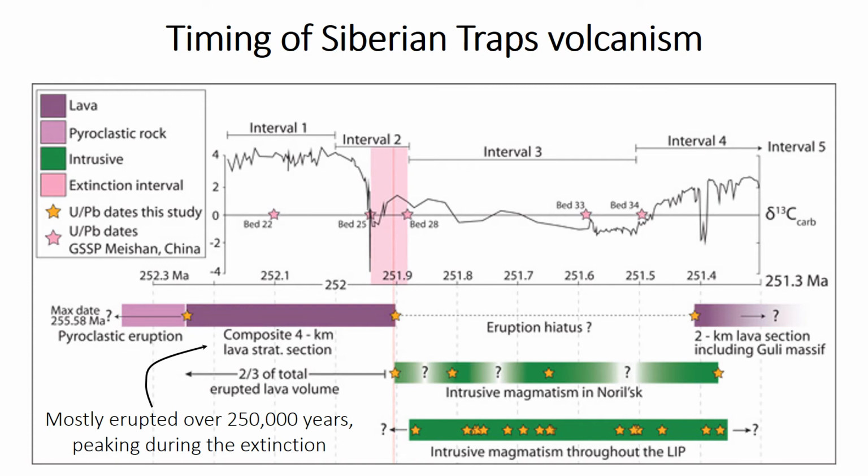But after quite a lot of work, it's now known that most of the lava for the Siberian Traps, many millions of cubic kilometers of lava, erupted over roughly a 250,000 year period between about 252.2 and 251.9 million years ago, and likely peaking with especially large and especially fast eruptions that would have released a lot of carbon dioxide very quickly during the carbon isotope excursion and the extinction itself.